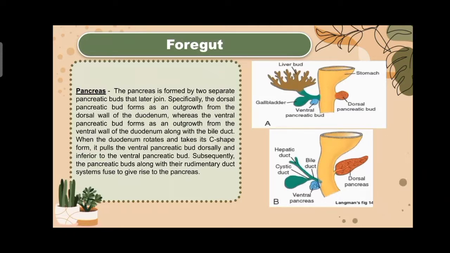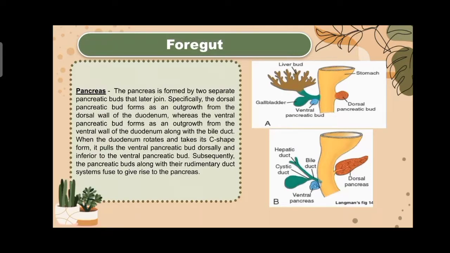So the accessory duct opens into a minor papilla in 33% of people and ends blindly in 8% of people. 50% of people do not have an accessory duct.